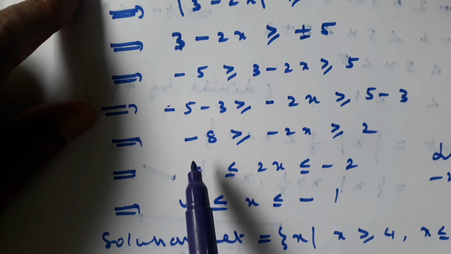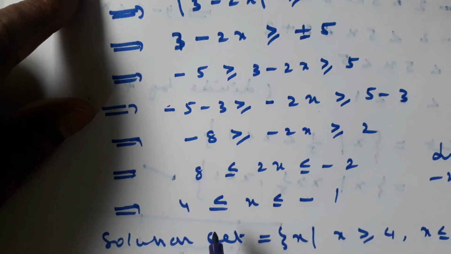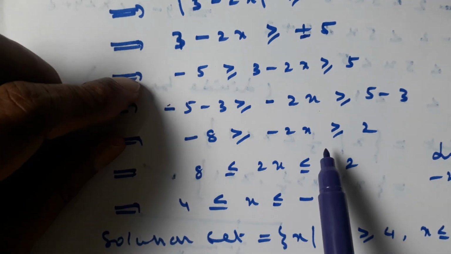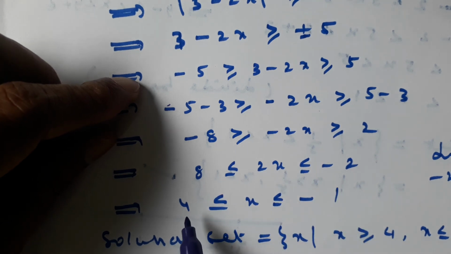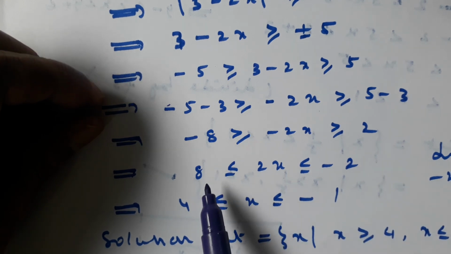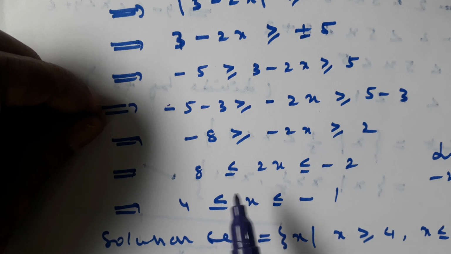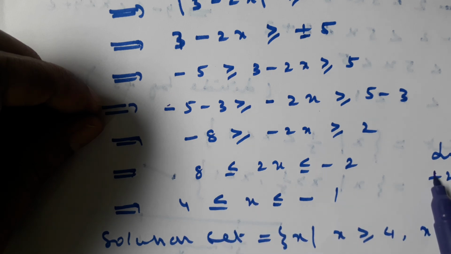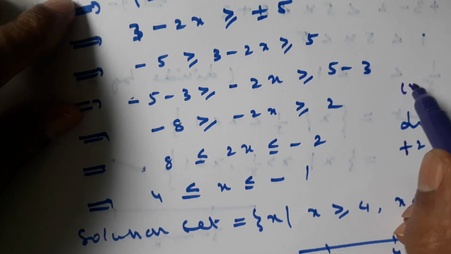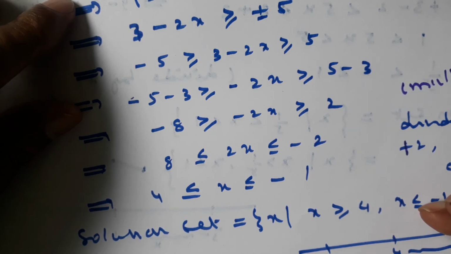Dividing by minus 2 throughout the inequality. Multiplying with the minus sign first of all is true. Next, dividing by 2. Here I divide by minus 2, multiplying with minus 1, the sign changes.